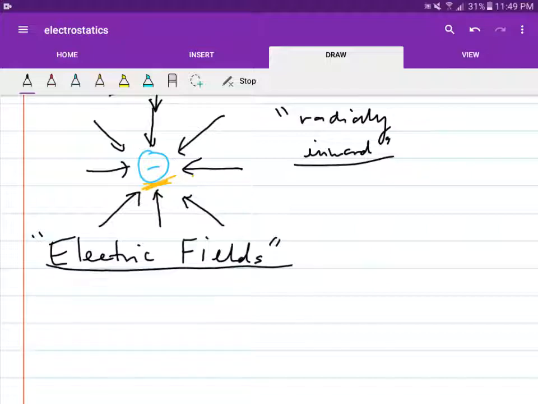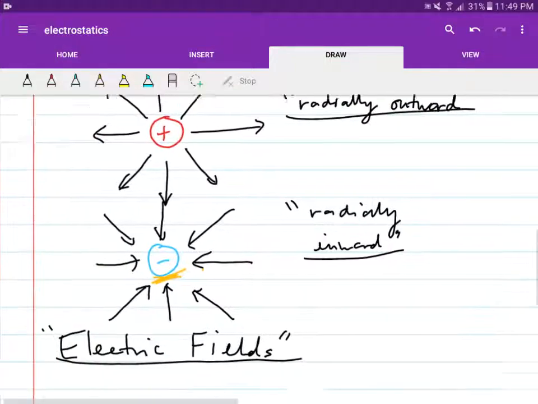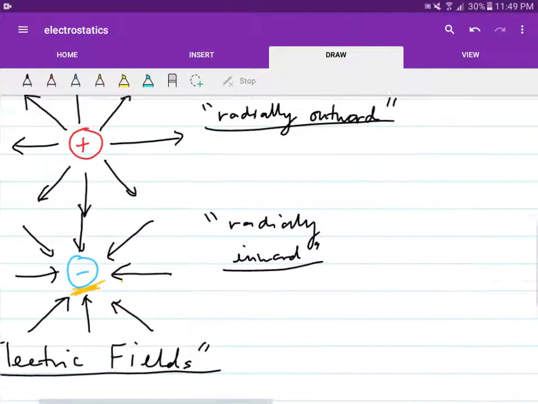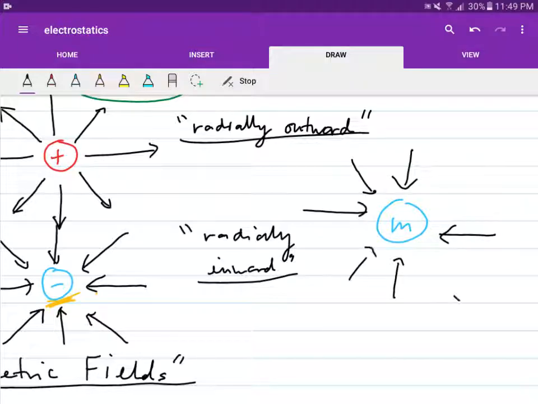So these electric fields can either be radially outward or radially inward. If you compare it to a gravitational field, for the sake of comparison, you have a mass here. A gravitational field is always radially inward. So for example, you have another mass here.